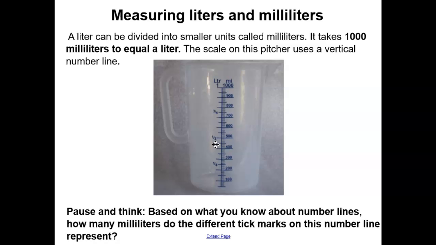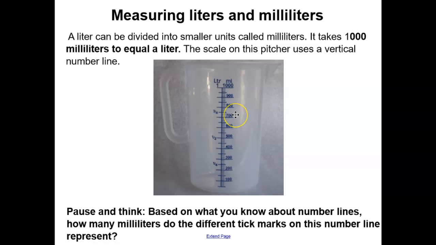Pause the video. You're right, these bold tick marks right in the middle are increasing by 50 milliliters at a time. I know that because right in between 100 and 200 milliliters is 150, because it's 50 away from 100 and 50 away from 200. So it's increasing by increments of 50 each time.